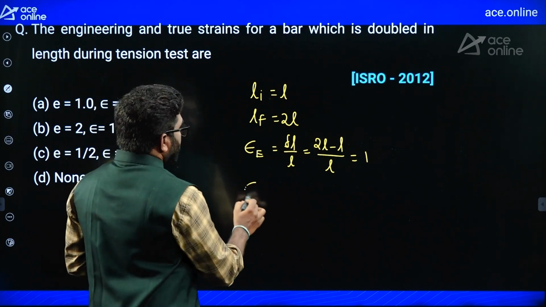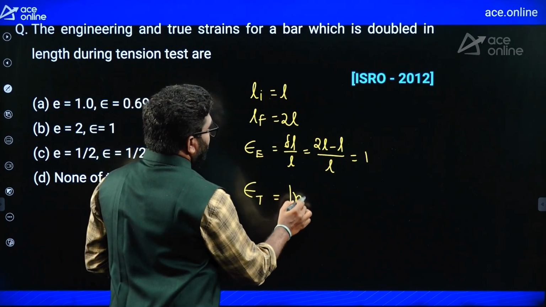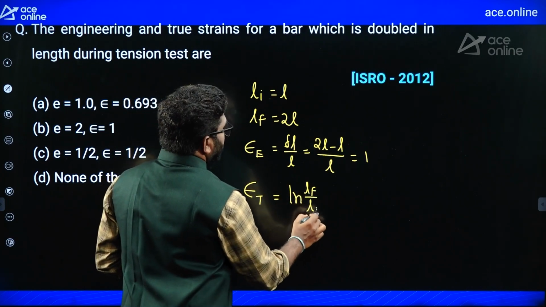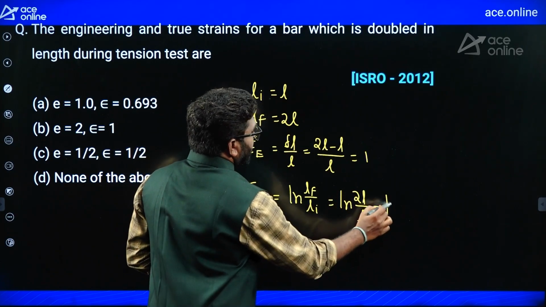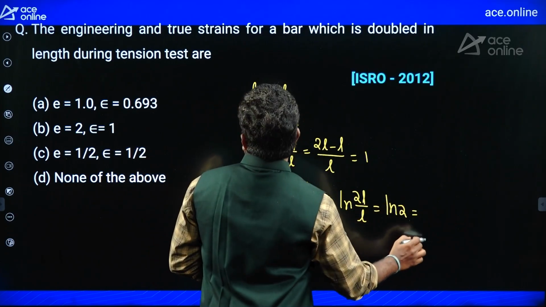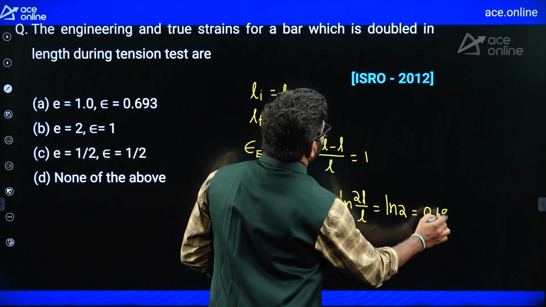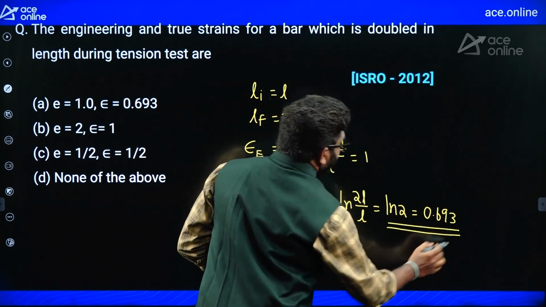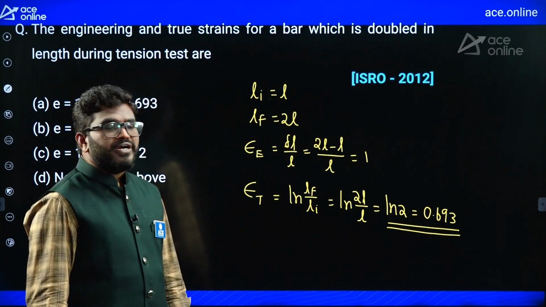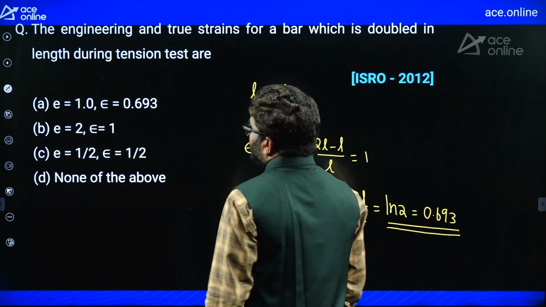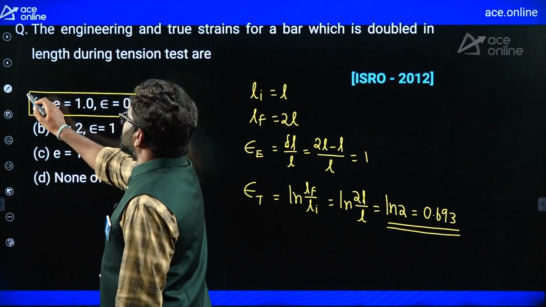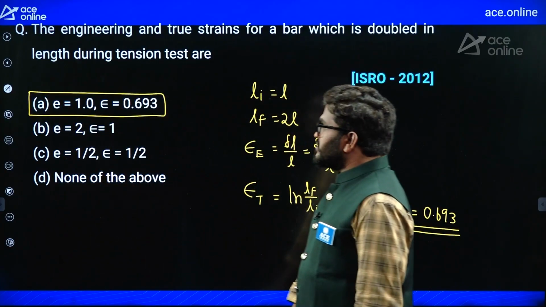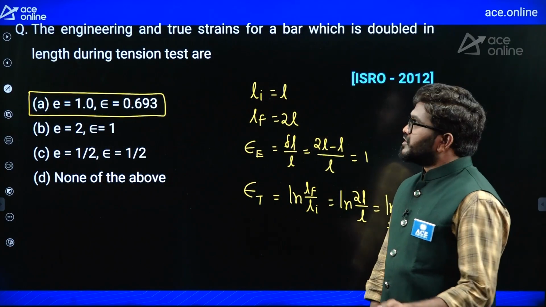Then let us consider true strain, that is ln of final length by initial length, that is ln 2L by L, that is ln 2. That ln 2 value is 0.693. You should remember it for the exam. For competitive exams, they will ask you. So, here A is the correct answer for this question.